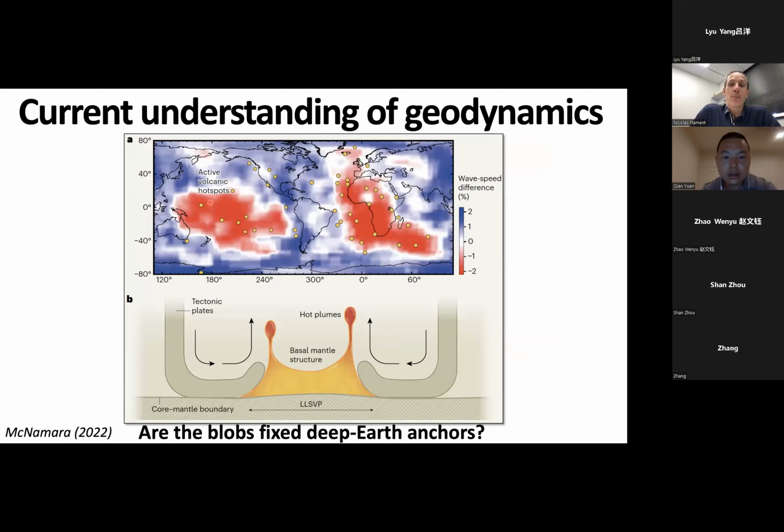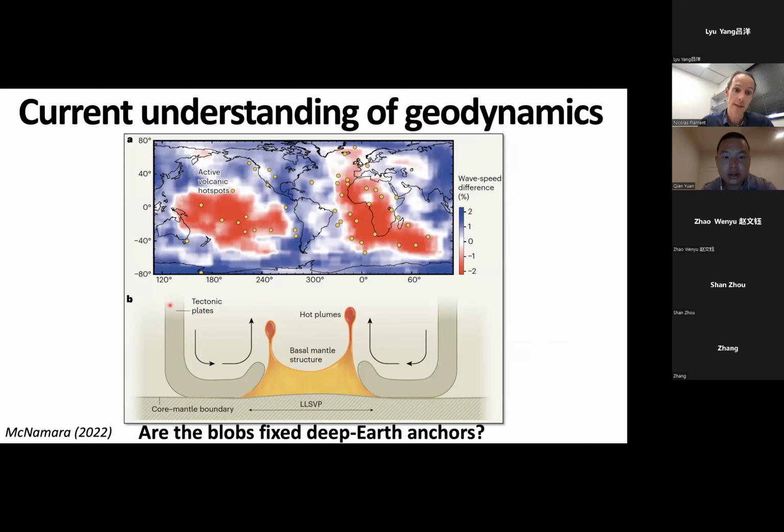This is a bit of a problem with the current understanding of geodynamics. This is a paper by McNamara associated with the paper I'm presenting here. Alan explained that the current understanding is that the blobs are shaped by subducting tectonic plates, subducting slabs sinking into the Earth's mantle.